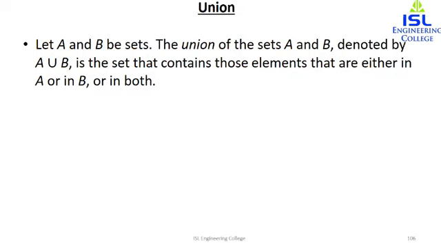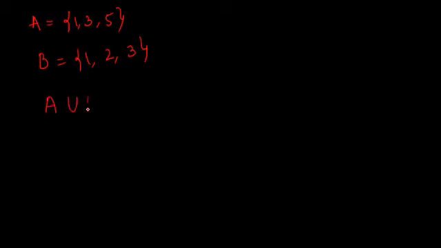If you have a set A equal to {1, 3, 5}, this is the set A, and B is {1, 2, 3}. The union is denoted by the symbol A union B. We need to take the elements that are either in A or in B or in both.